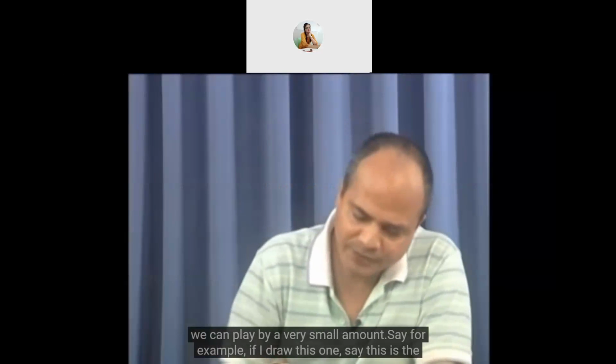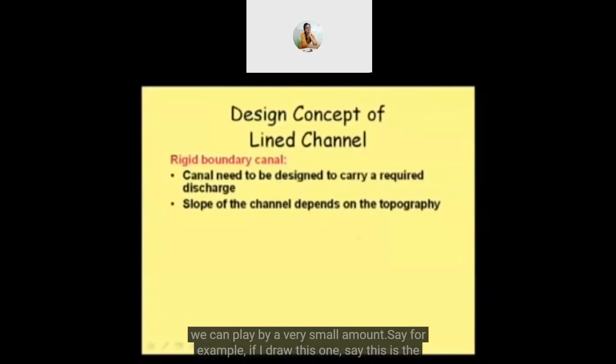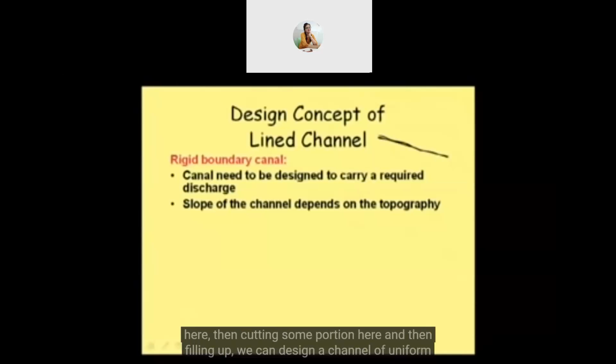Say, for example, if I draw this, this is the canal and the natural topography is like this. We may not design a canal like this and then that. But we can design a canal by filling up some portion here, then cutting some portion here and then filling up. We can design a channel of uniform slope.